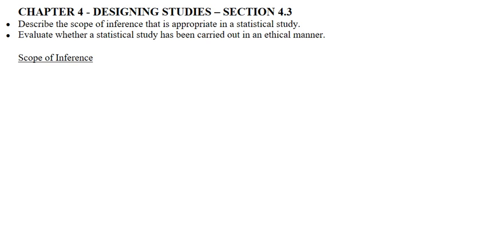And so that would be our first scope of inference here, if we want to do inference about a population. Okay, inference about a population. So we would do that when we do a survey. We ask people questions.